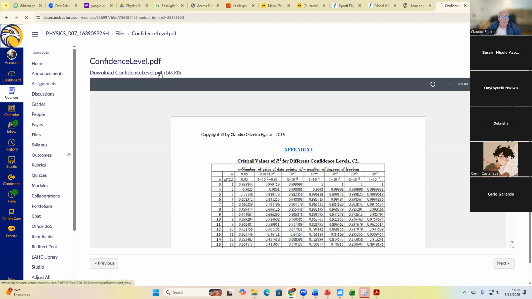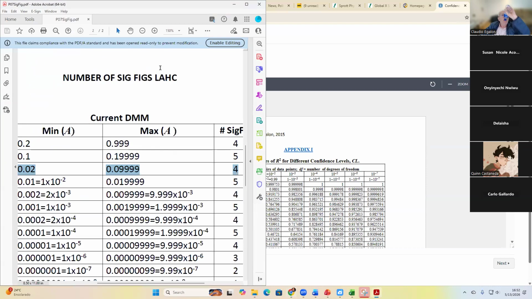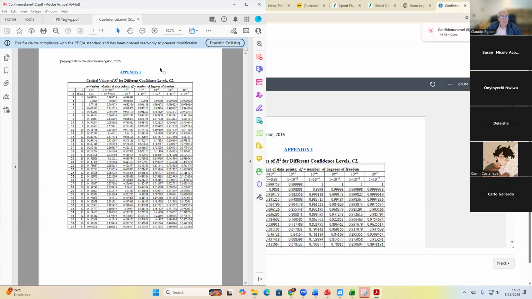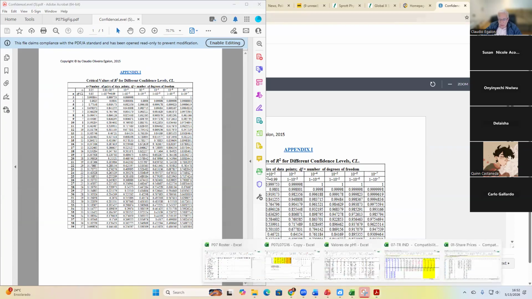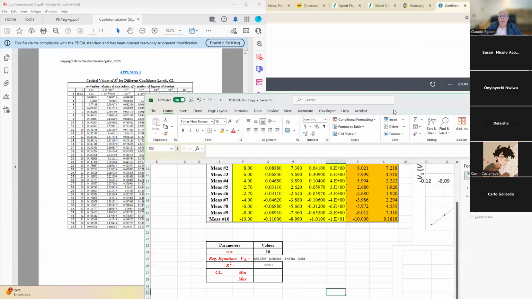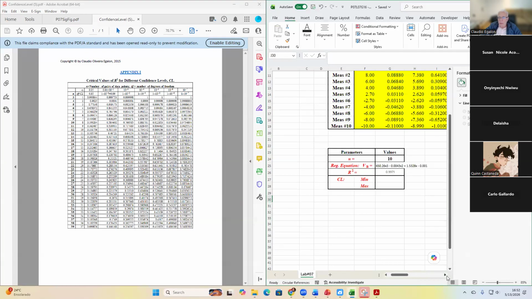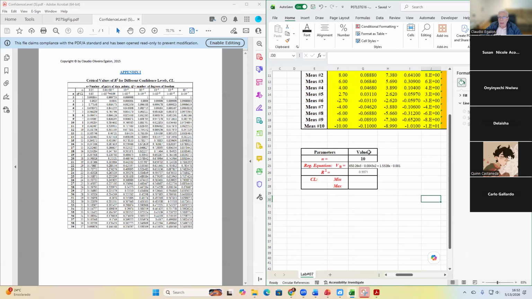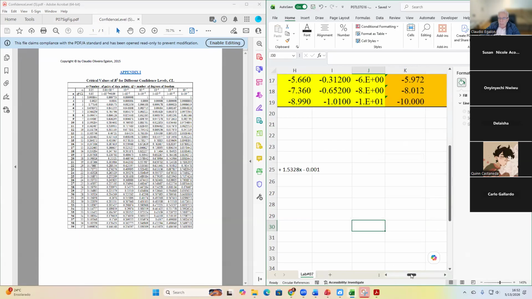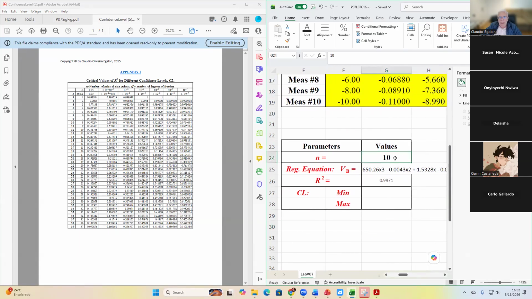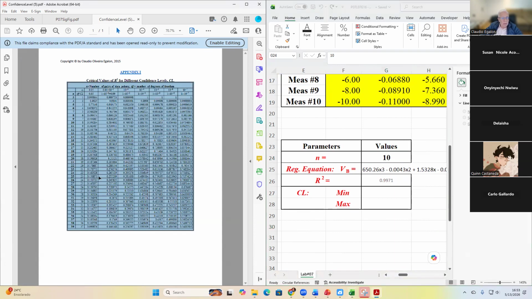Let me download this document. And now I have my table here, right? So let's put the spreadsheet and the confidence level side by side. Okay, so here you go. We have n equal to 10.